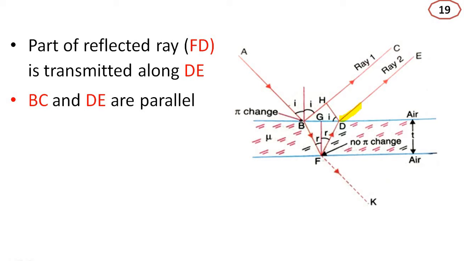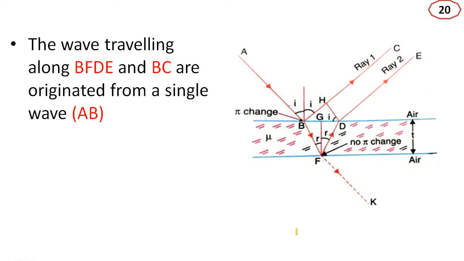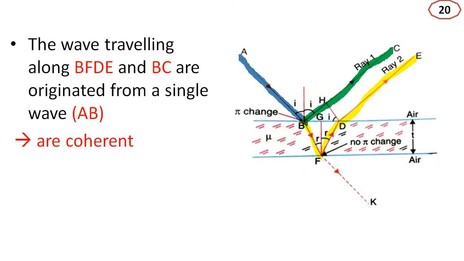Now, this DE is parallel to BC, and this DH is normal to BC. The waves traveling along BF, DE and BC originate from a single wave AB. That means they are coherent.